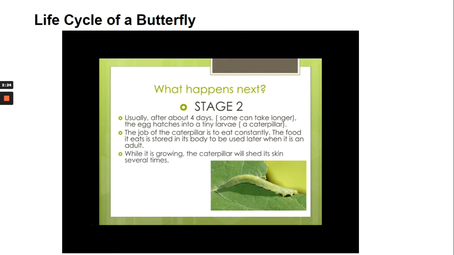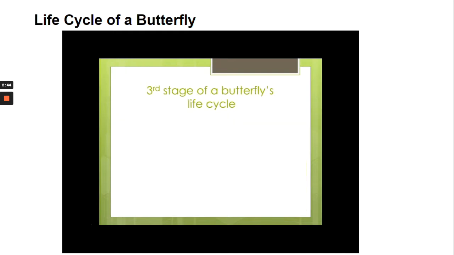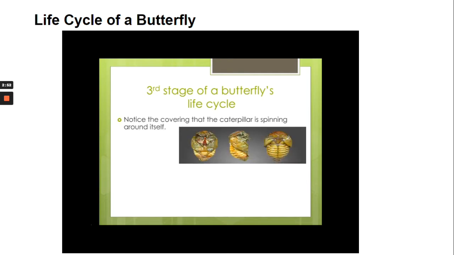While it is growing, the caterpillar will shed its skin several times. When the caterpillar is done growing, it stops eating and enters its next stage. Third stage of a butterfly's life cycle.